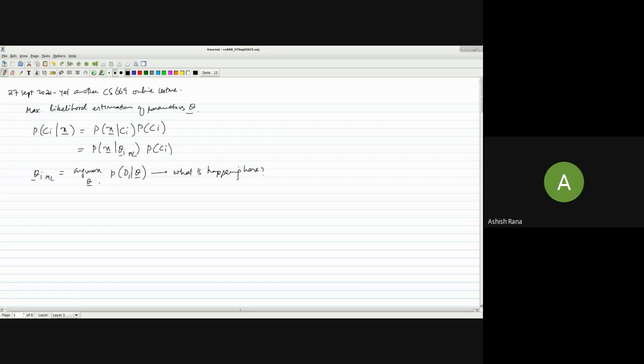Sir, as per what we have studied, P of D given theta is forming, for example, a normal distribution, a function like a curve kind of thing. So we'll find the maximum point where P of D given theta is maximum for a given parameter theta set.